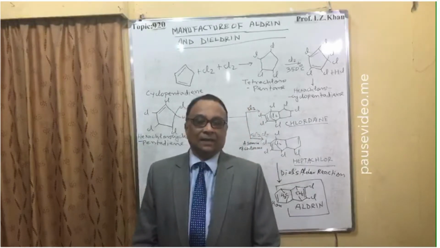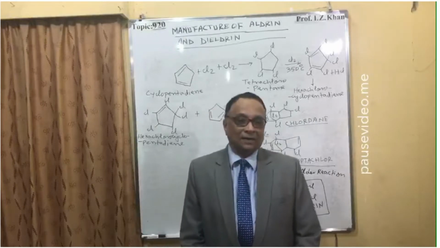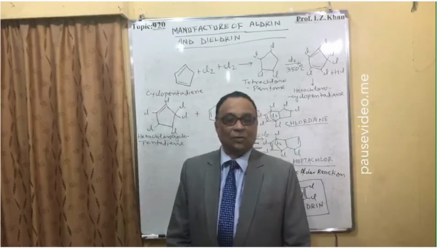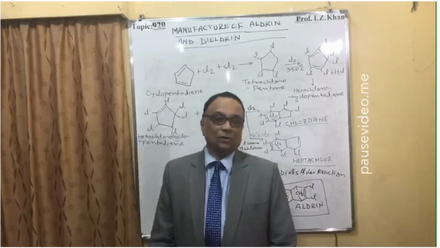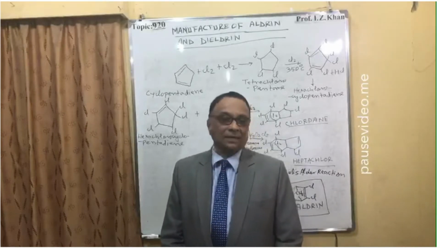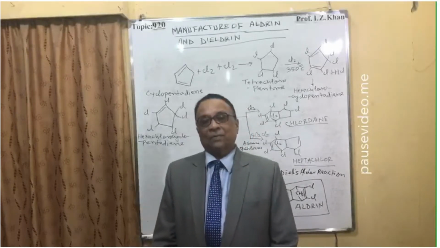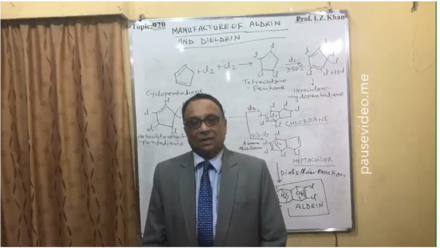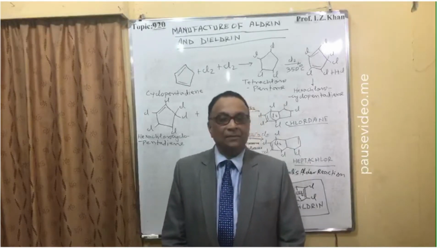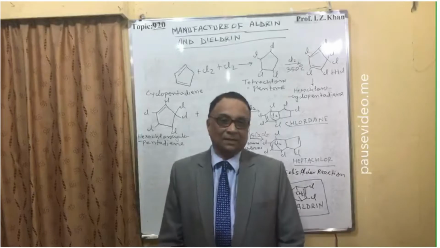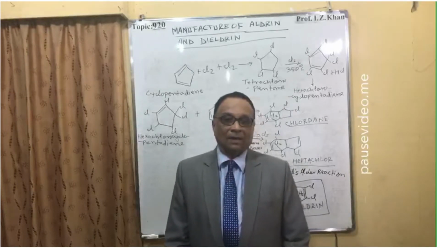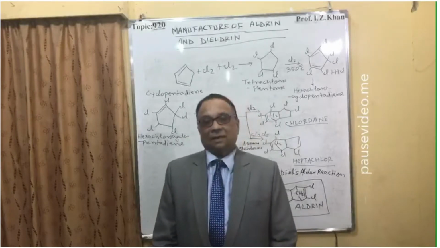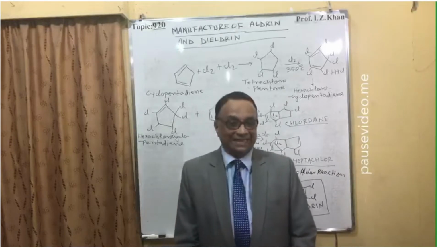And ALDRIN is prepared from a hexachlorocyclopentadiene derivative, or we can say hexachlorocyclopentadiene, and these derivatives are subjected to further chlorination, and it is changed into a bicyclic compound with the help of Diels Alder addition reaction.